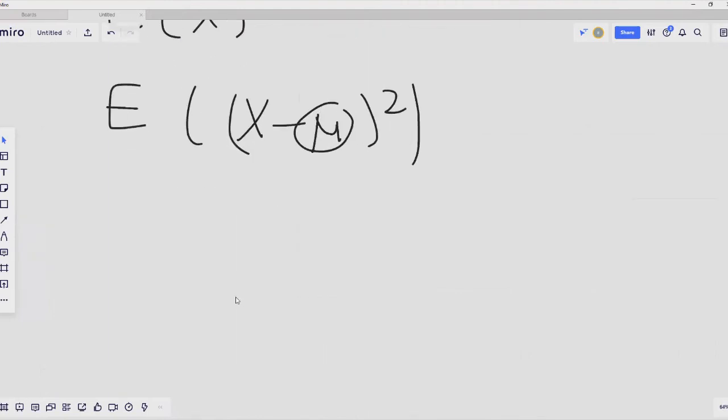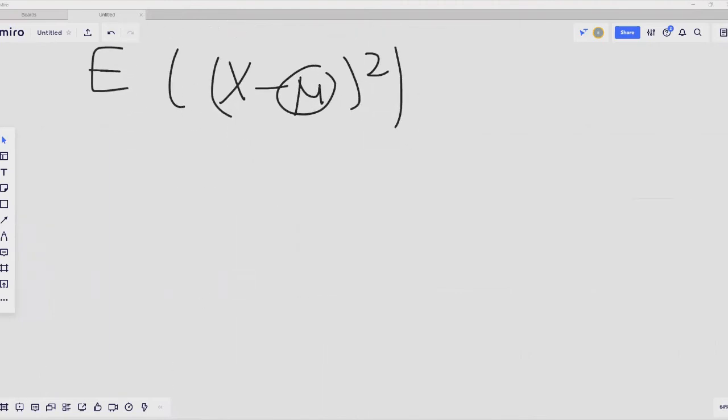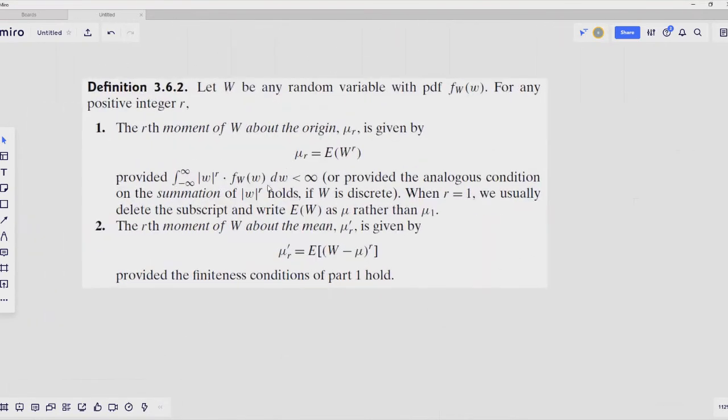Let's start by looking at the following definition for higher moments of a random variable. So omega is our random variable. The R-th moment of omega about the origin is given by the expected value of omega to the power of R. Now, obviously, we need to worry about the existence of our integrals or summations, provided that the following integral exists, is convergent.